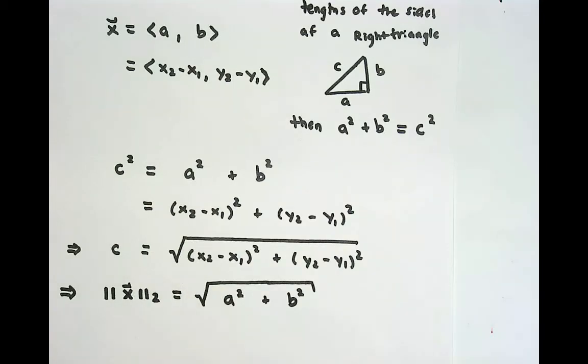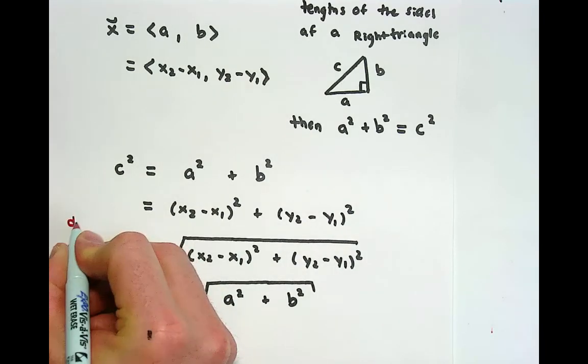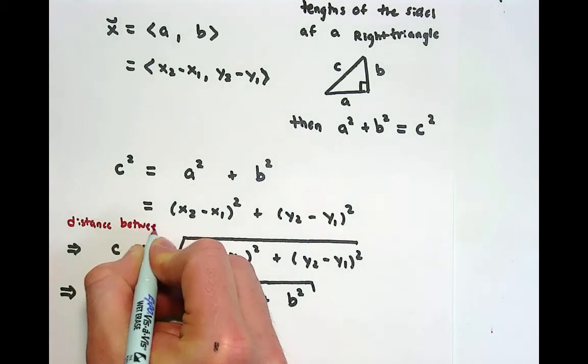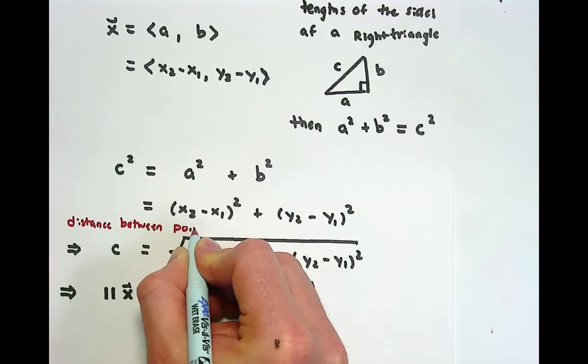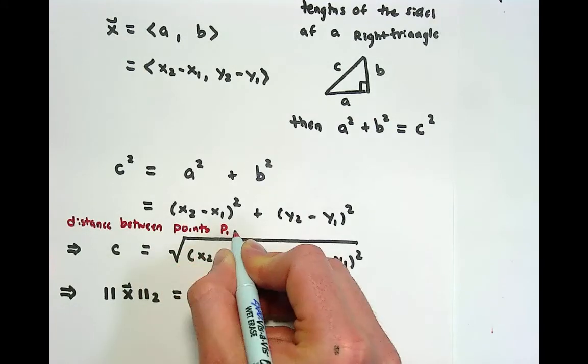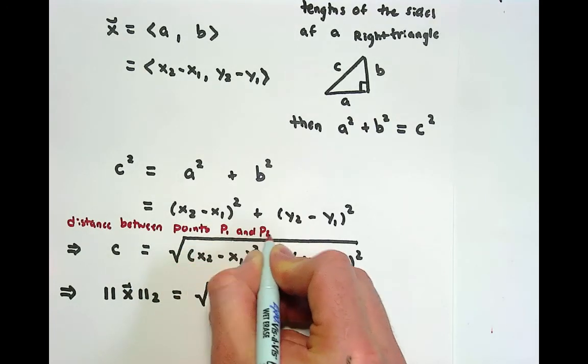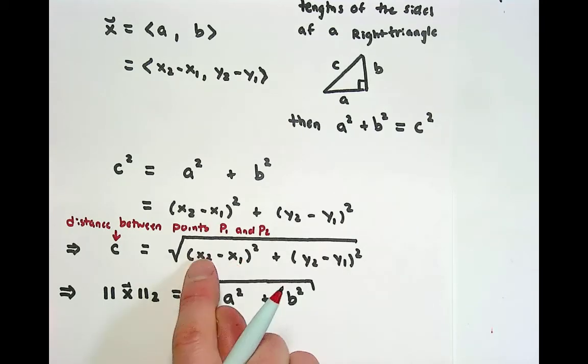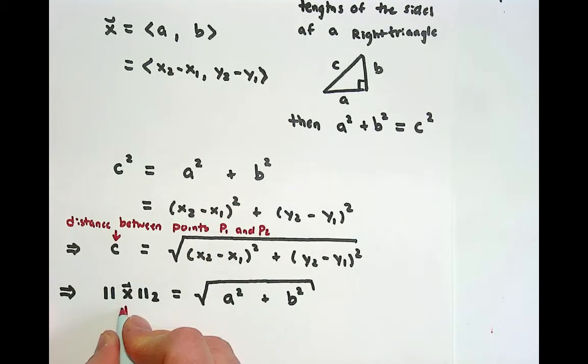This right here is going to be called the distance between points P1 and P2, because P2 and P1 allowed us to give the coordinates x1, y1, x2, y2. This here is going to be called the 2 norm of the vector x.